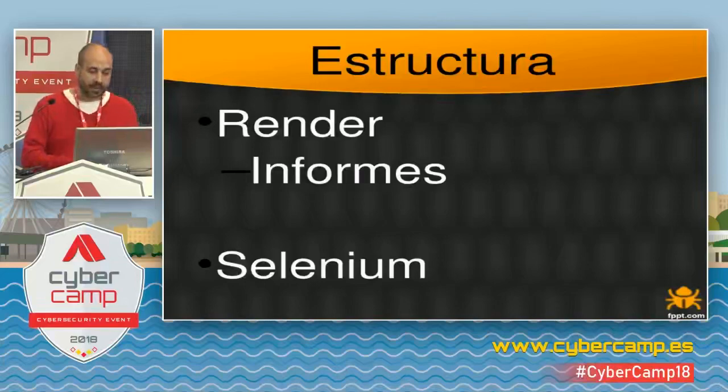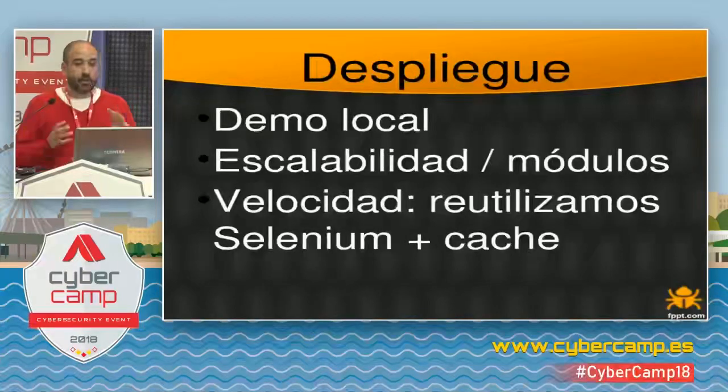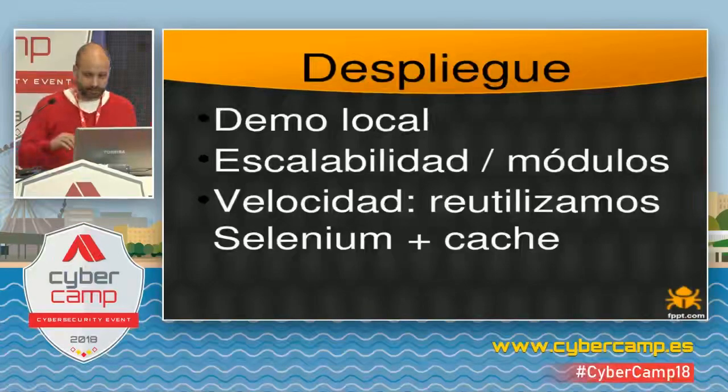And then we have a browser, Selenium, that can be automated, which is what we use while browsing the websites. Because it's a local demo, I've got it here on my laptop, but we want this to be a tool that will be scaled up in different modules so that we can have N front ends sending requests, launching to N cores, each core with N instances of Selenium, so that the system capacity could be greater.